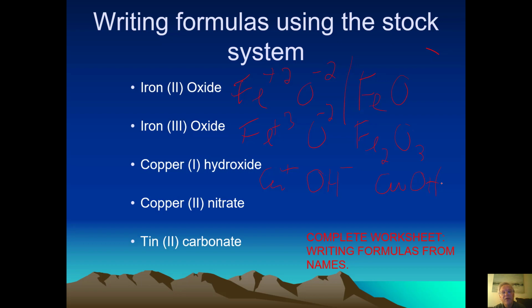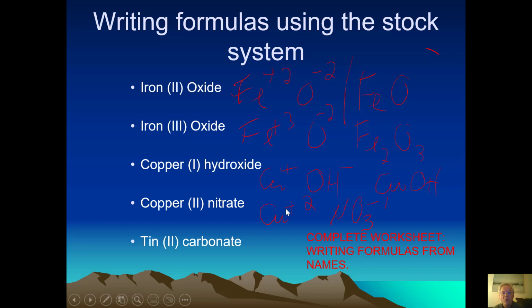Copper nitrate. Copper nitrate is Cu2. So which form of copper? It's Cu plus 2, nitrate polyatomic ion. Go to table E. It is NO3 with a -1 charge. Now I want to crisscross these.